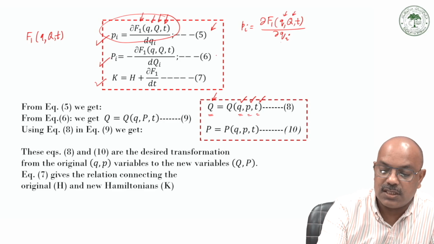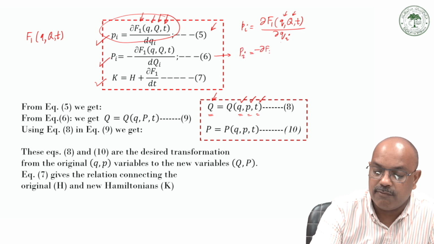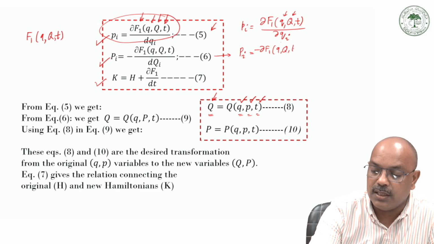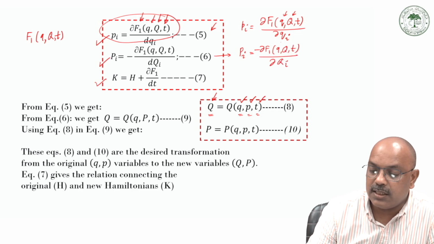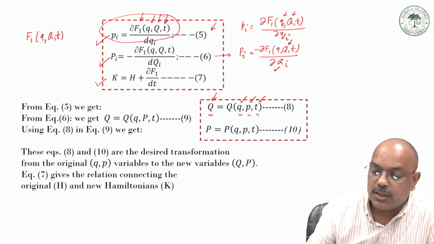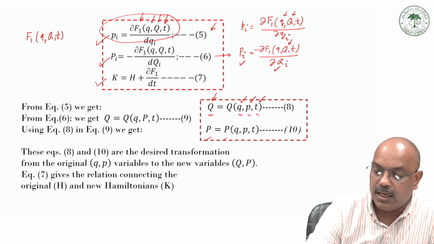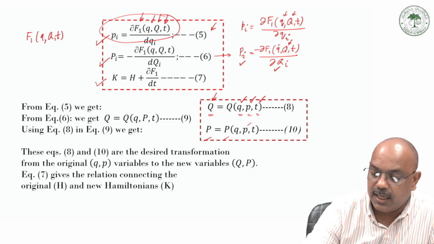And then if you see this equation, what I'm going to get is capital Pi is minus delta f1, this is going to be q, Q and t, and this is delta Qi. Okay, so I'm differentiating with respect to capital Qi. So what I'm going to get is capital P in terms of small q, small p and t.